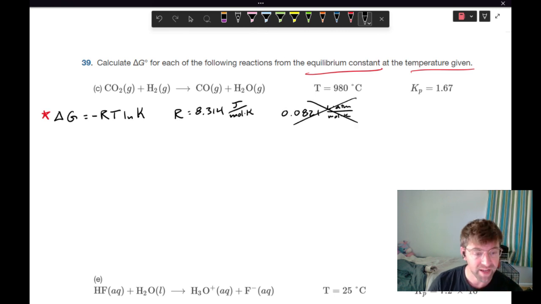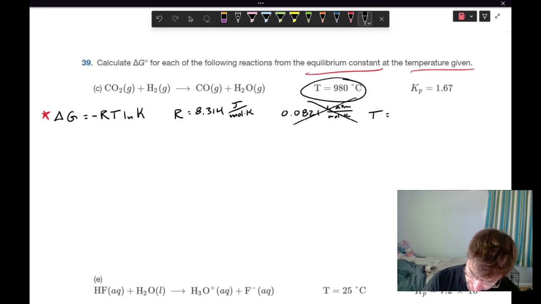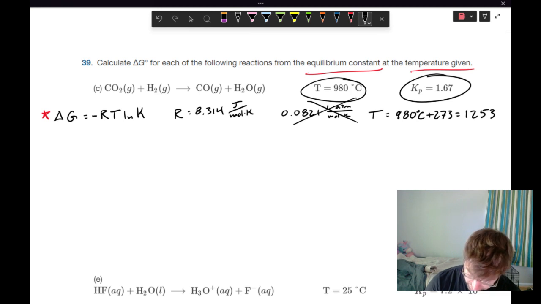We don't need that one today, but that is just review for you. And then for temperature, we're given a temperature of 980 degrees Celsius plus 273 gives us our Kelvin, which is 1,253. And then we're given our K value as well.